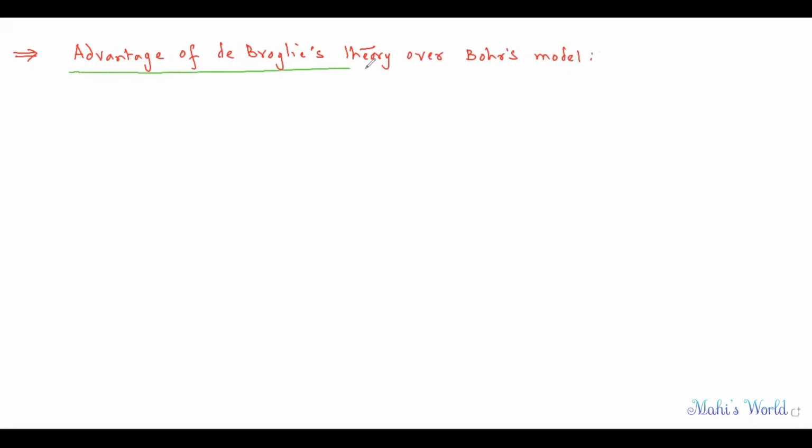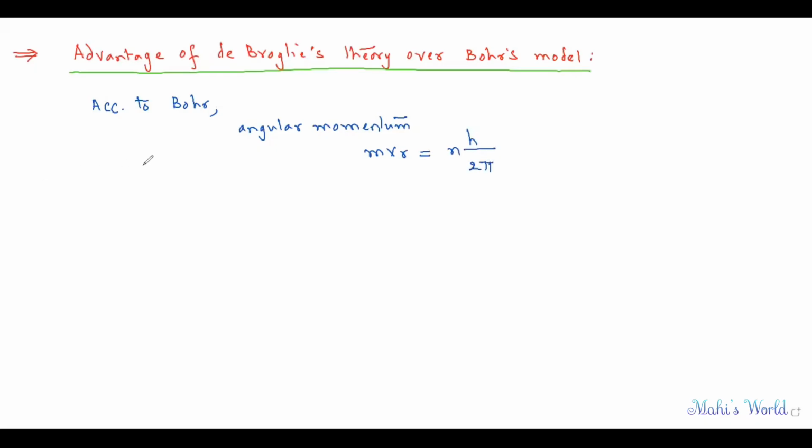You know, according to Bohr, angular momentum of electron revolving around the nucleus, mvr, can be given as n into h by 2 pi.